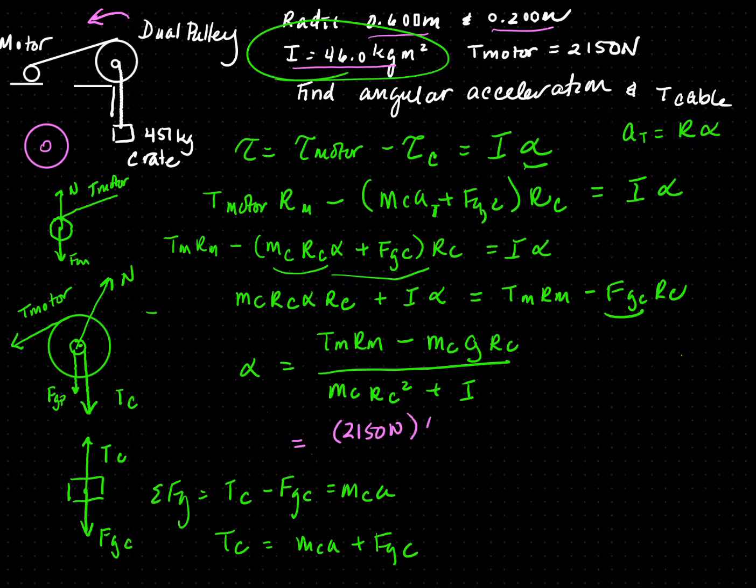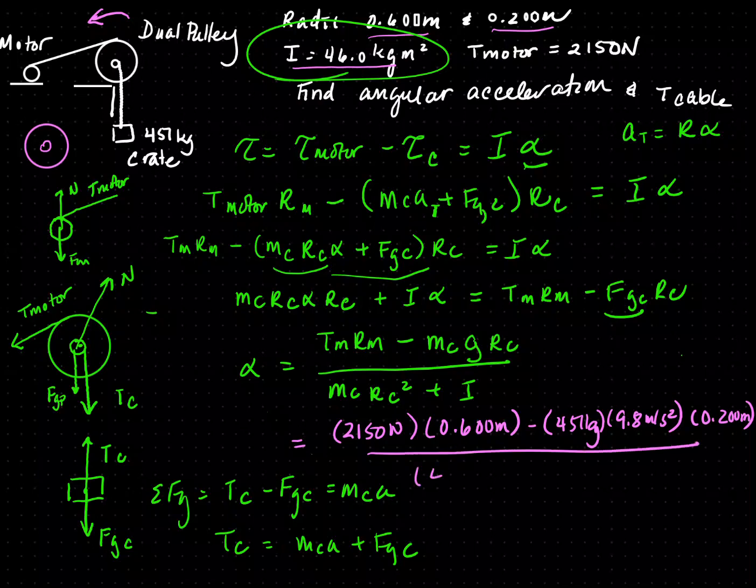The bigger pulley had a radius of 0.600 meters, minus the crate, which was 451 kilograms times 9.8 meters per second squared times the radius of the smaller pulley, which is 0.200 meters, divided by the crate's mass times the radius squared, plus the I that was given, which is 46.0 kilograms meters squared.